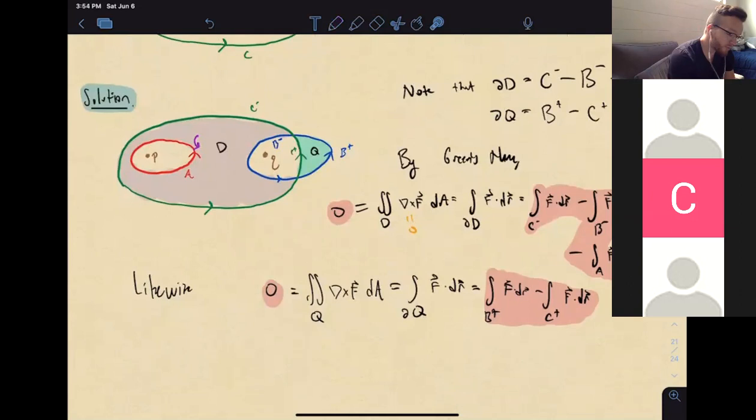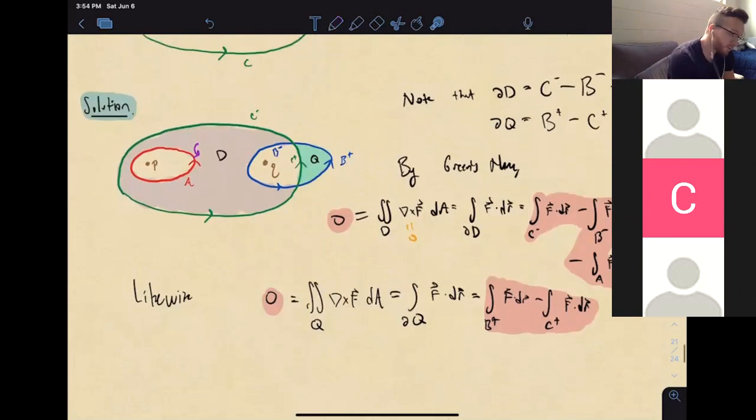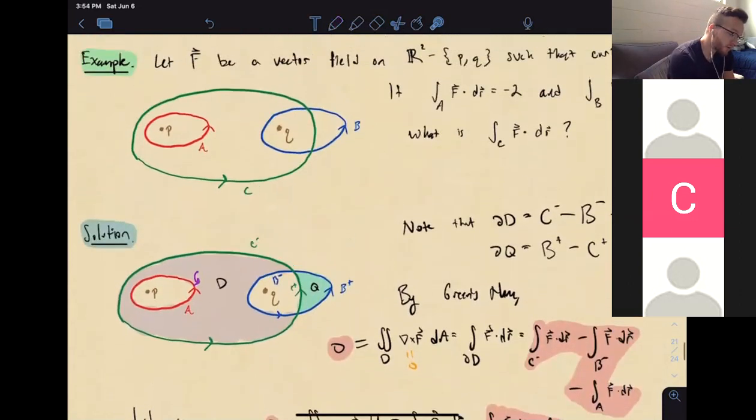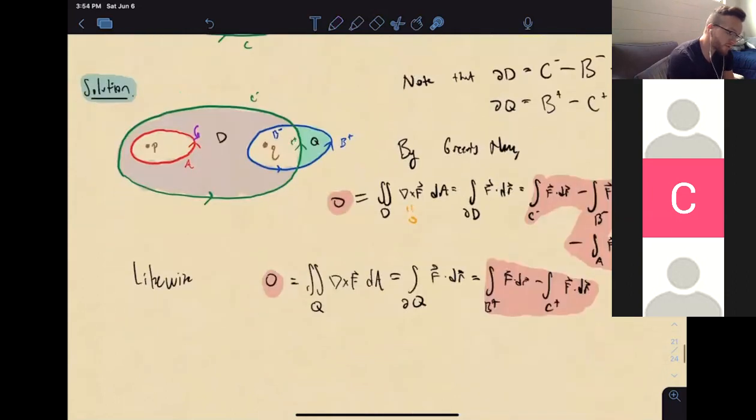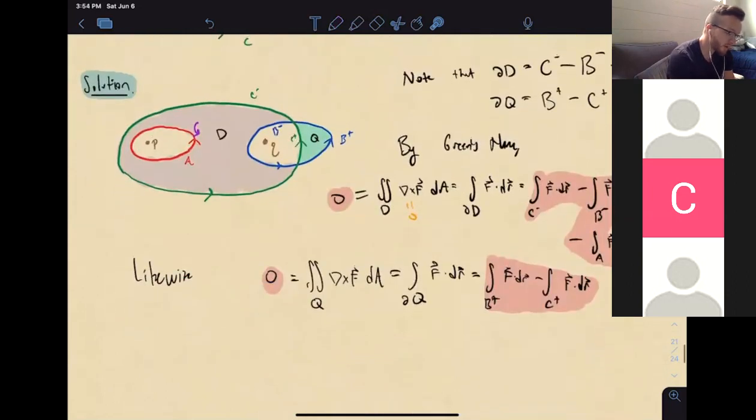And so what do we do from here? Well, what do we care about? We care about the integral over c. C is c minus plus c plus. So I probably want to take this expression minus this expression.